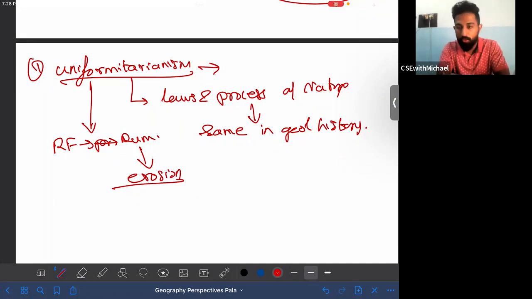Now, what is the unit of ecological study? The second principle is that the unit of ecological studies is the ecosystem. Ecosystem is a fundamental unit of ecological studies.